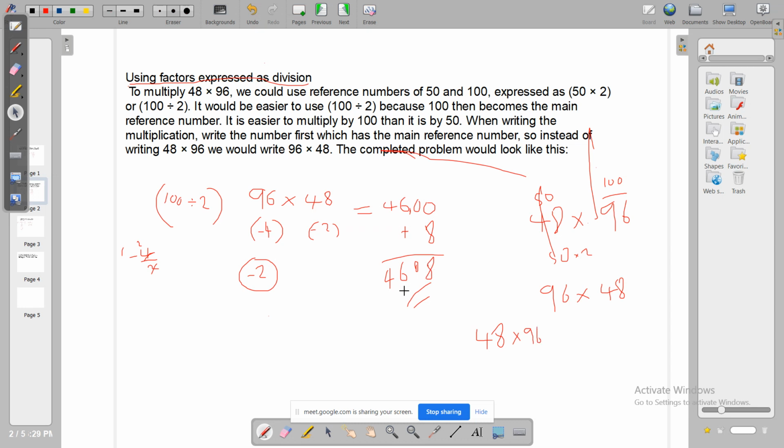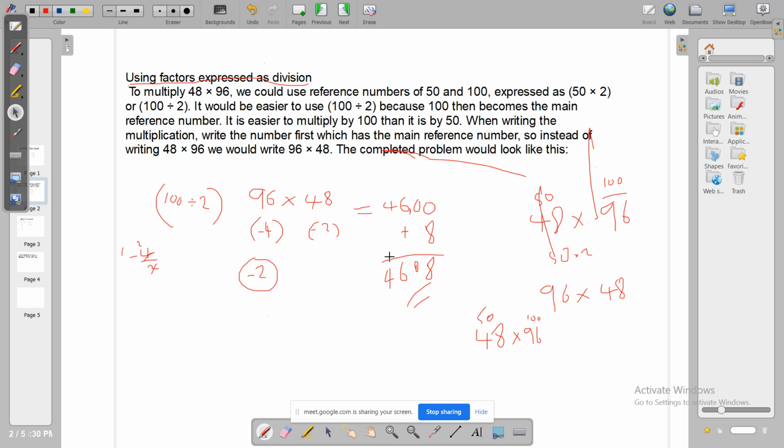With this we say that we are using two reference numbers to solve it. So you need to get a reference number for 96 and a reference number for 48. Do you understand that? So the reference number for 96 is what? 100, right? And then the reference number that you can use for 48 will be 50.